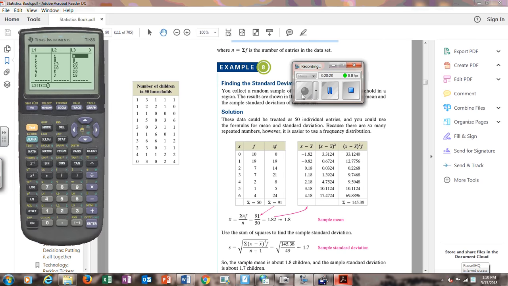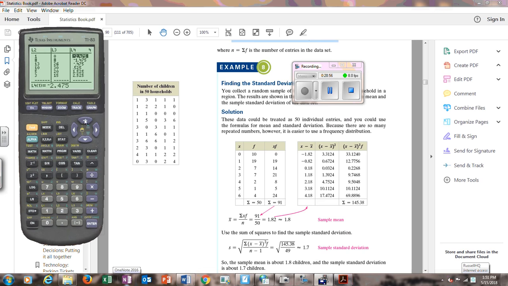Then to find your sample standard deviation, this is the one where we had to keep going with it. So you do x minus x bar, so it would be 0 minus 2.475, or you can go up to L4 and just do second L1 minus 2.475, then enter.